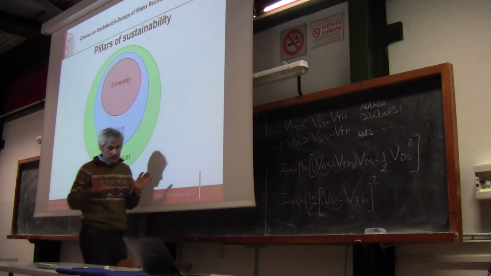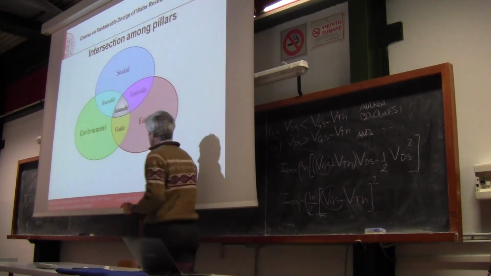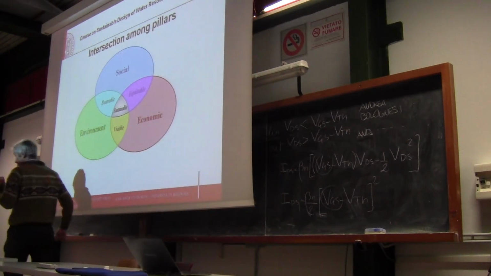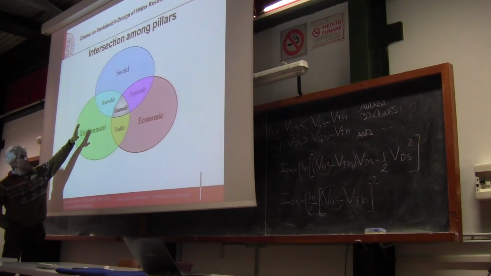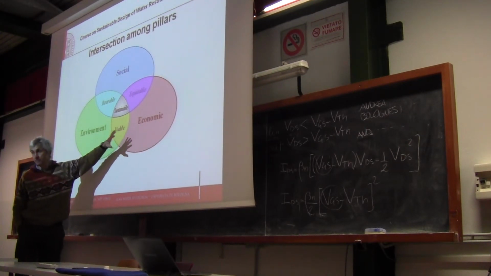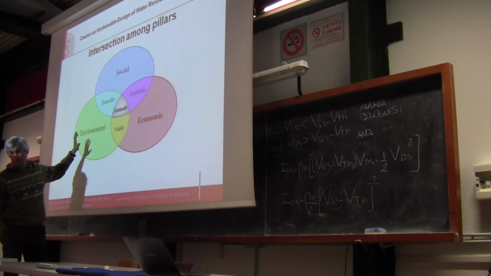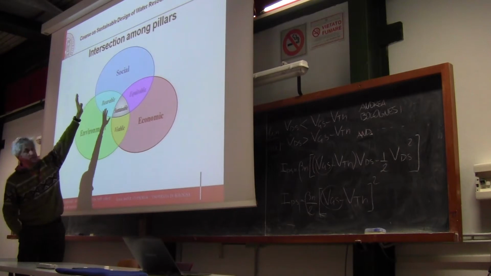It's interesting to look at the next diagram, which shows the intersection. So, what is sustainable? Sustainable means the intersection of economic needs, environmental protection, environmental needs, and social needs.